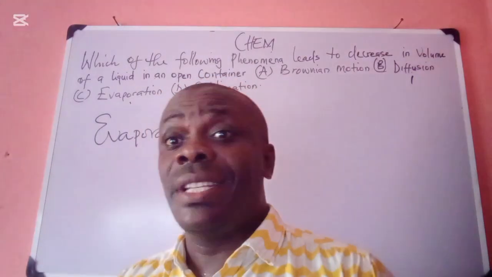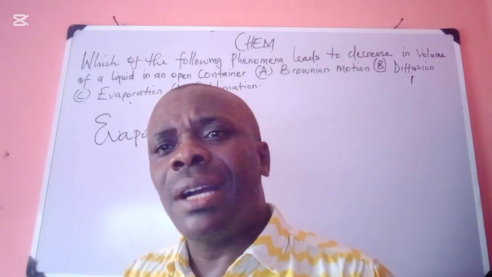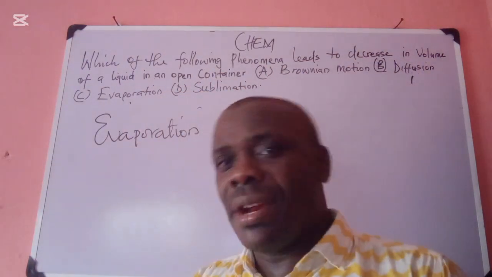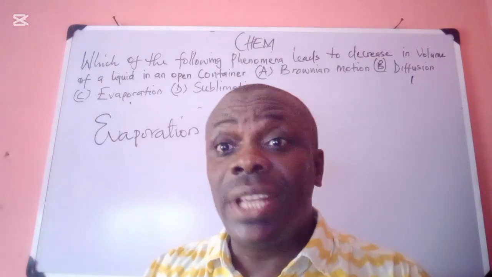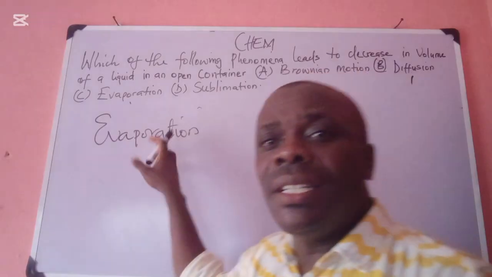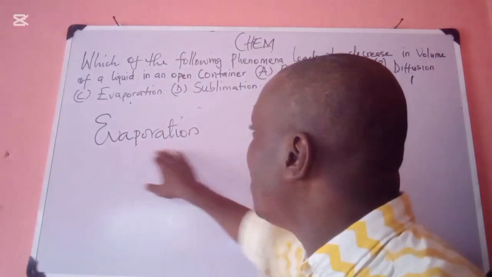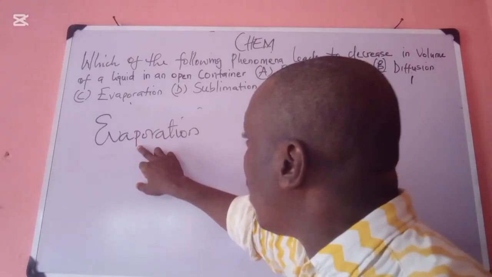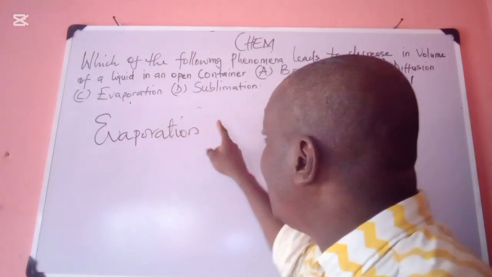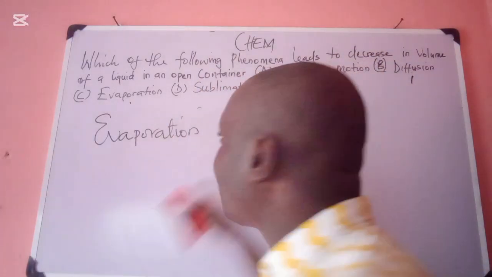For example, from the question, they said a container of water in an open area. Maybe the container is open. You can see that this best explains the movement of the water vapor, because it involves the movement of water in vapor form. So this explains better this particular question.